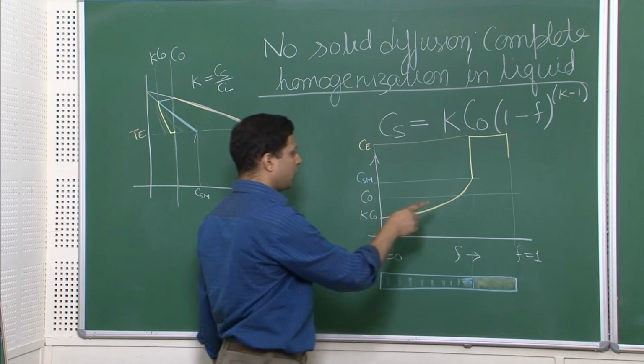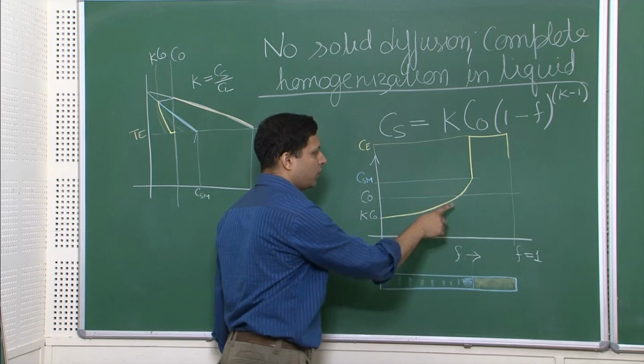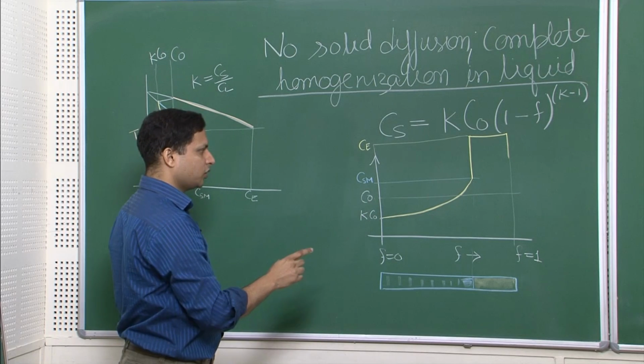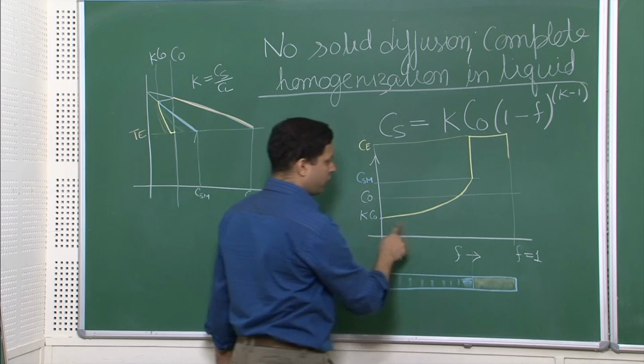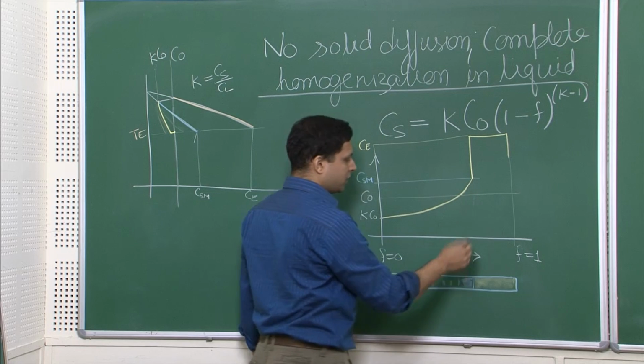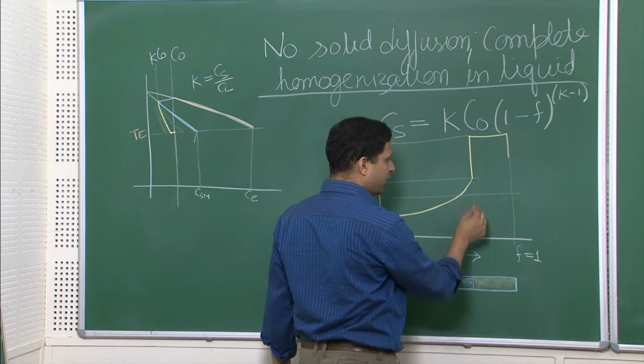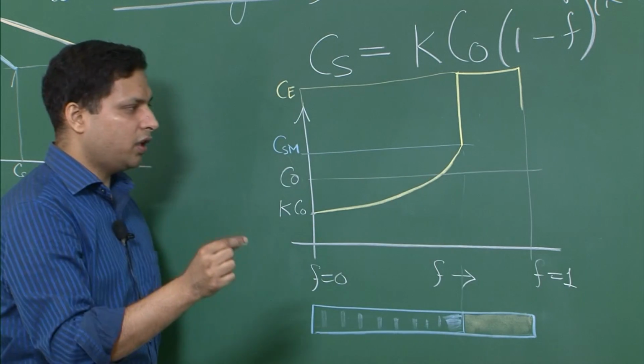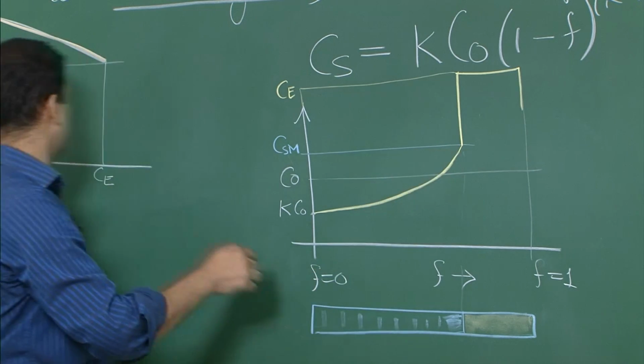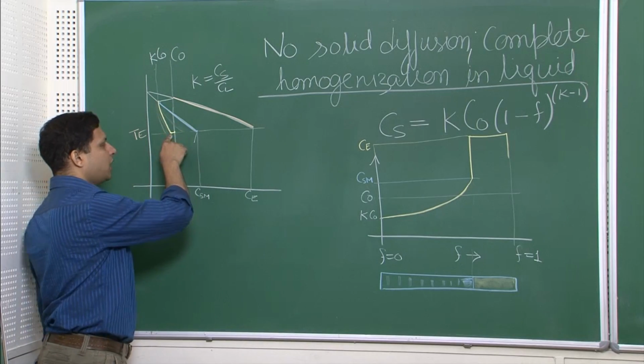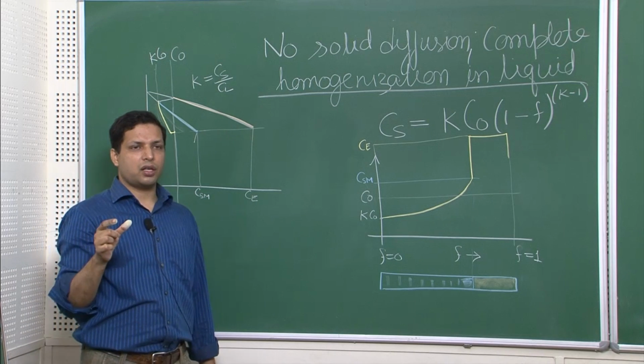So this one that we are representing over here, let us be clear about one thing. What we are representing over here is the concentration of the incremental solid that has solidified, while what we are representing over here is the average concentration of the solid.